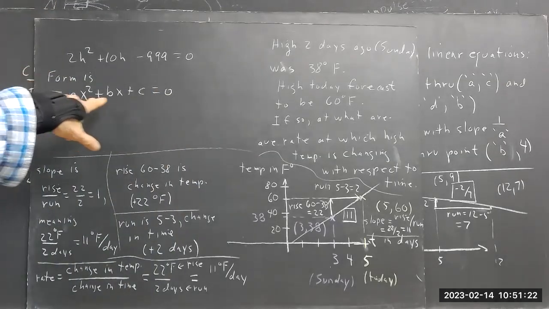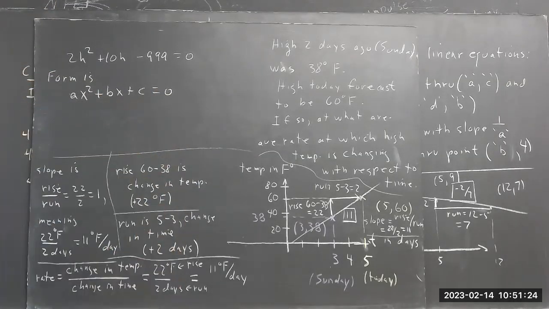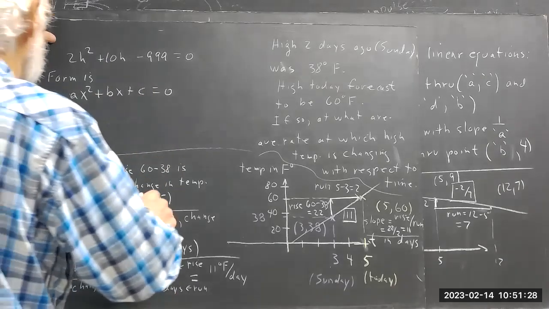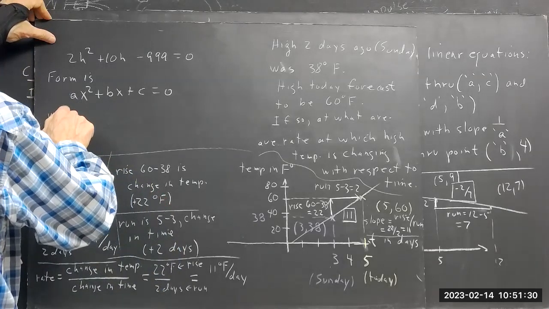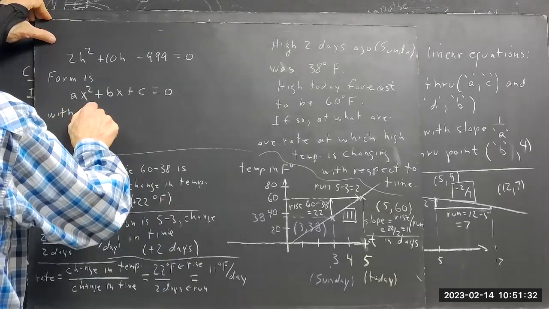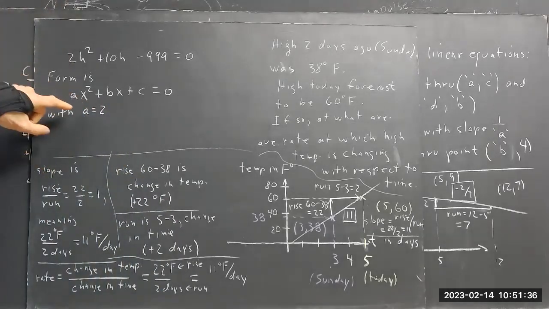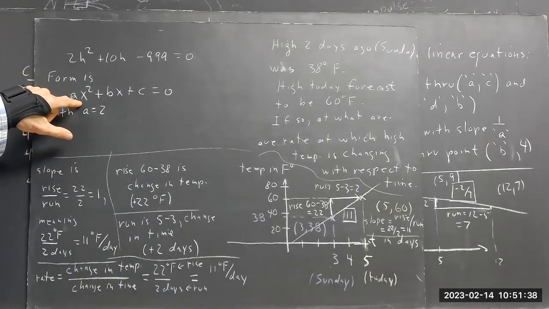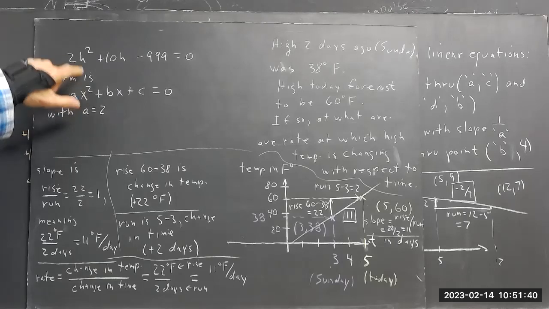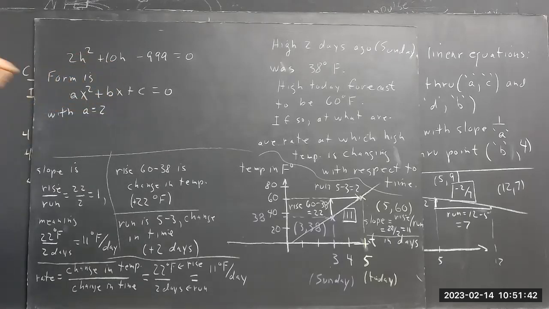Form of this equation, ax squared plus bx plus c equals 0. With a, now it's actually, instead of an x, it's an h. Doesn't matter what this variable is. There's your standard form of a quadratic equation.